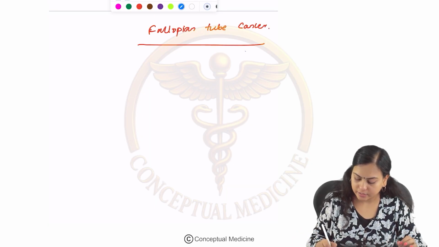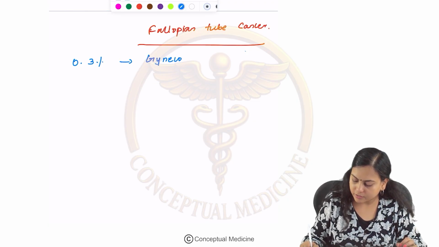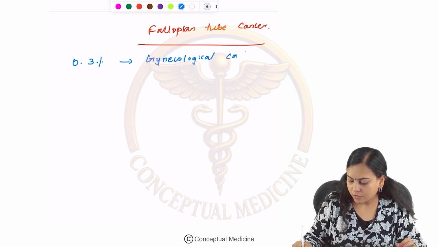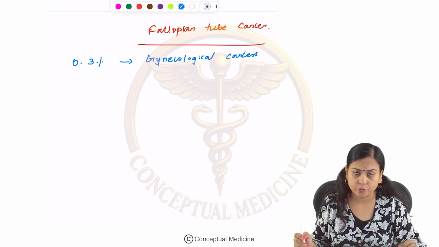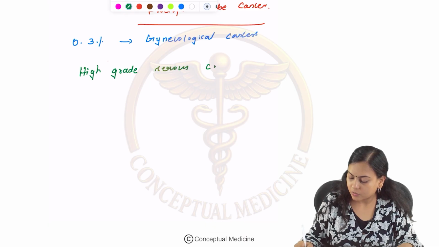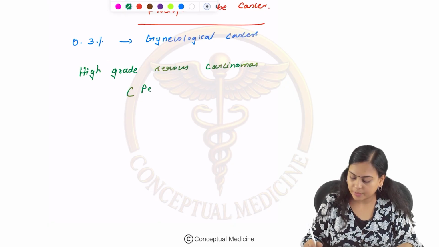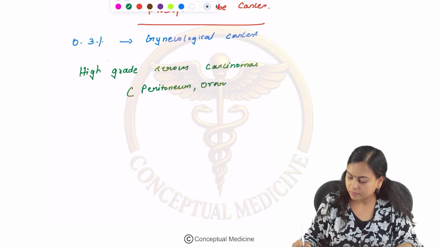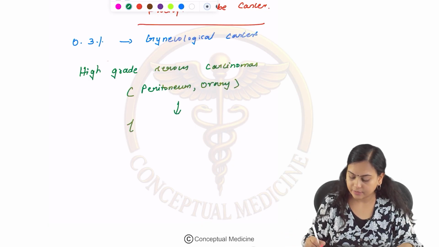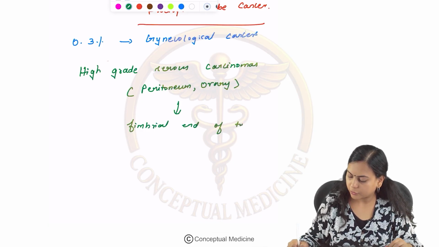It is usually believed that only 0.3% of gynecological cancers are seen arising from the fallopian tube. I already told you that many high-grade serous carcinomas of the peritoneum or the ovary have been arising from the fimbrial end of the tube.